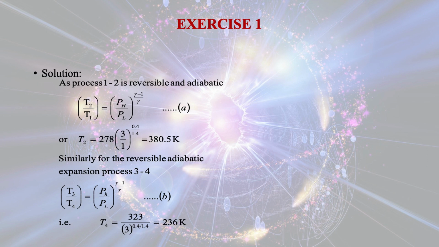We know the value of T1, so there is no problem calculating T2. Similarly, for the reversible adiabatic expansion, T3 by T4 is equal to pH by PL whole to the power gamma minus 1 by gamma. So T4 we can calculate from this expression, that comes out to be 236 Kelvin.